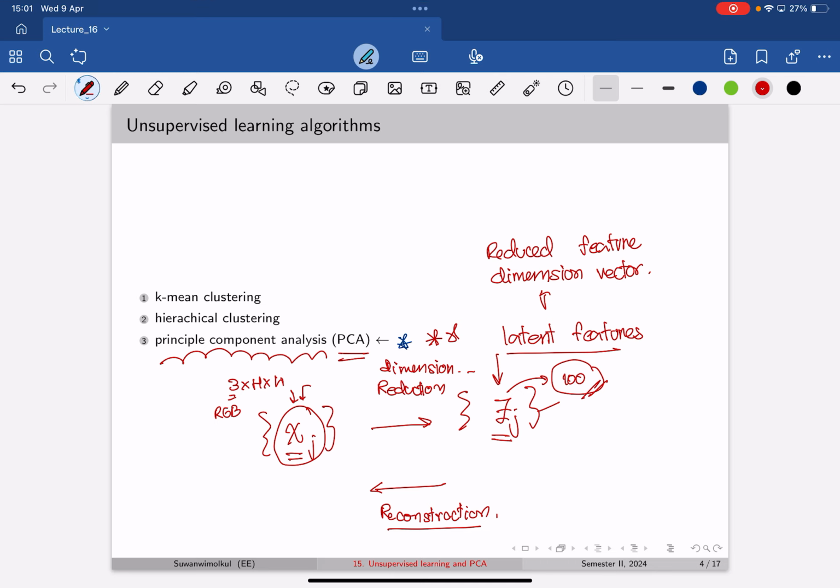So that's why there is another condition: if you want a meaningful latent feature as your reduction, you should be able to reconstruct the signal back from your reduced latent feature. That's the main reason why we have to talk about reconstruction when we talk about dimensionality reduction. Even though your target may be just to reduce your feature dimension, the flip side of this is the reconstruction phase. You have to make sure that it's going to work as well.